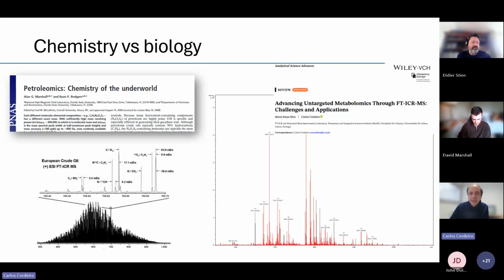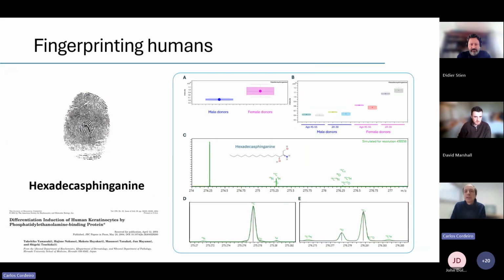So analytically, the situation is not exactly identical, but it's still manageable. So how do we transform this kind of complex spectra into chemical, biochemical, and biological information? For that, I will show you an example. This is an analysis from the traces that are left behind when a finger mark is deposited.